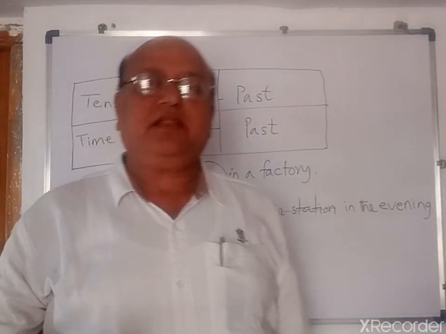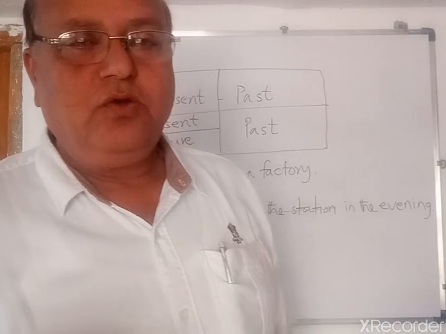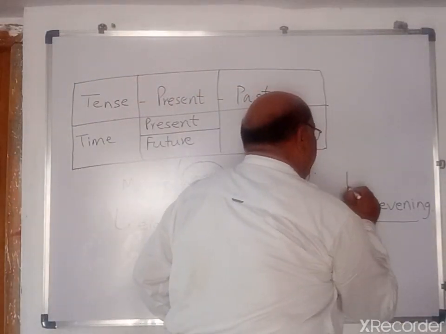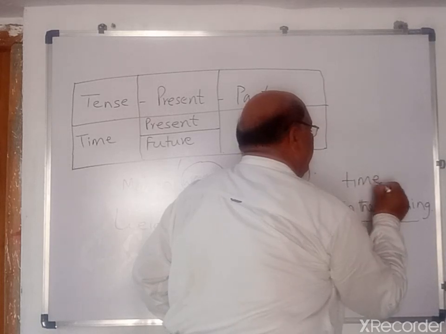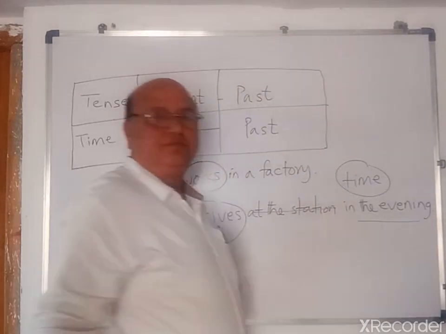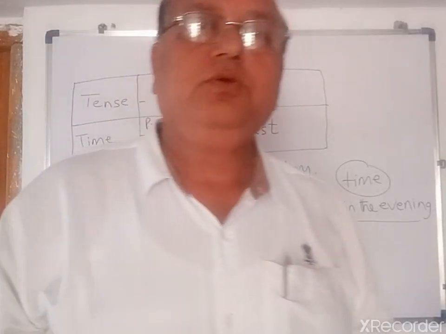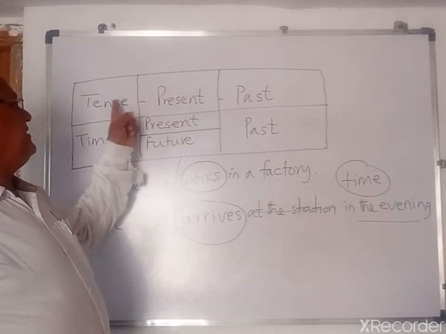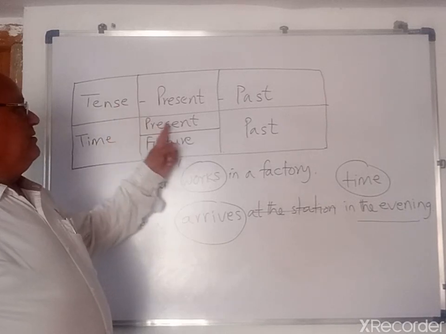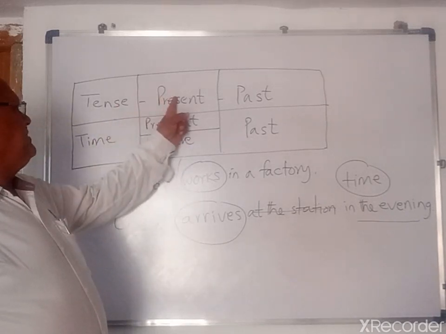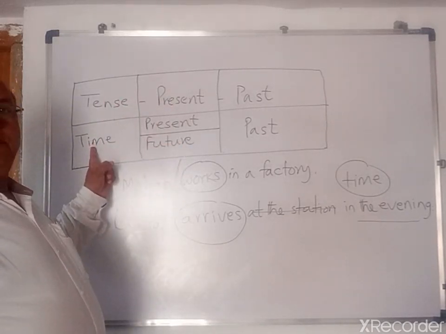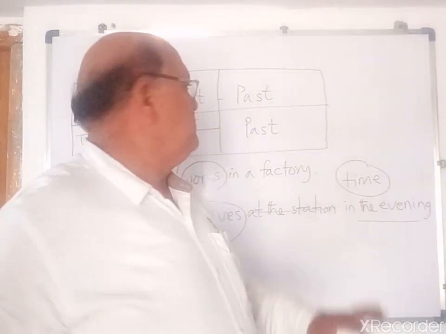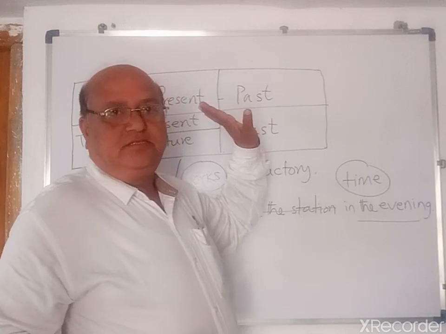So these are the time adverbials, time indicating words. They indicate future time. We use present tense, present time, present tense, future time. Am I clear? And no need to do all this past tense.